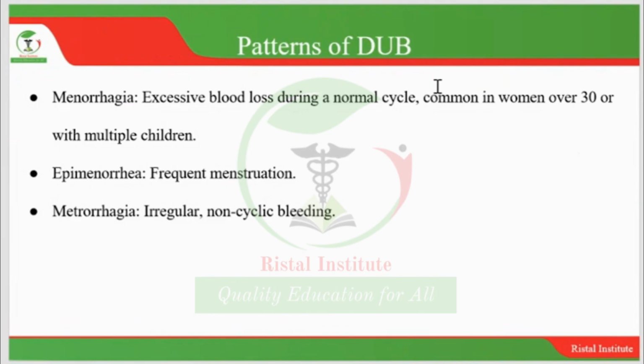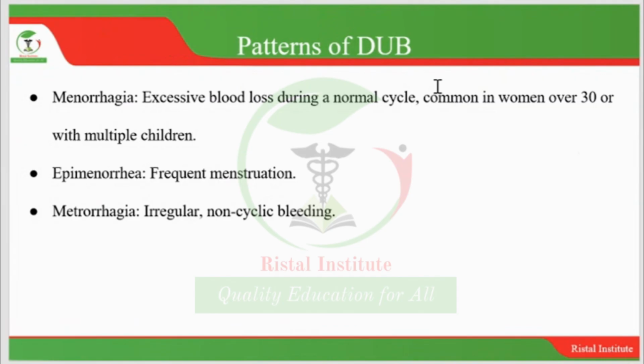So patterns of DUB include menorrhagia. Menorrhagia refers to excessive blood loss during a normal cycle and is common in women over 30 or with multiple children. Then the other pattern is epimenorrhea.